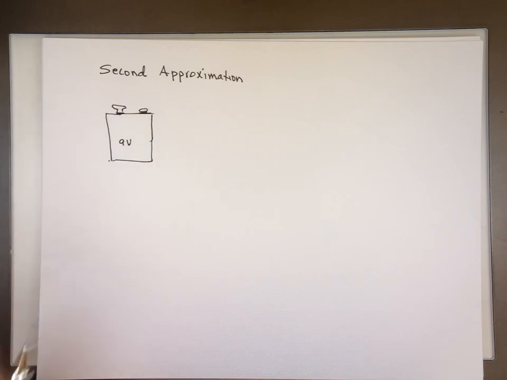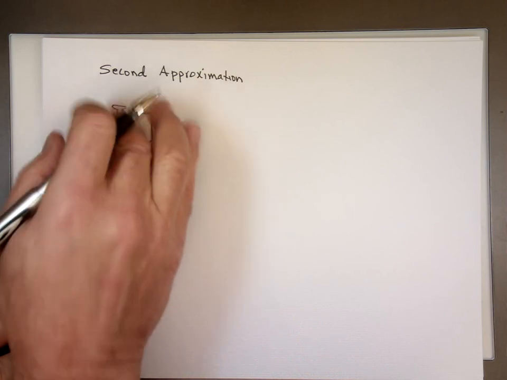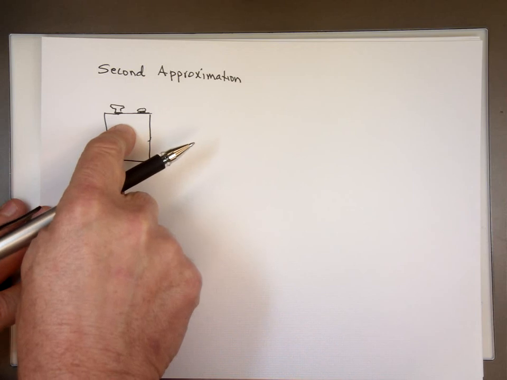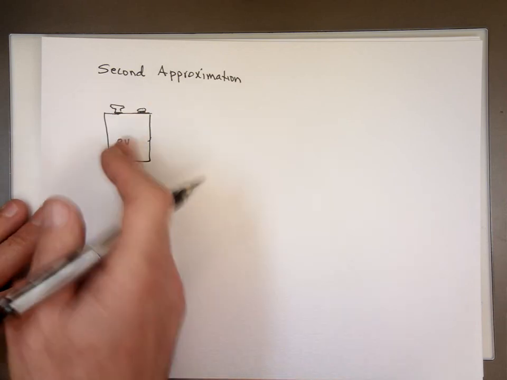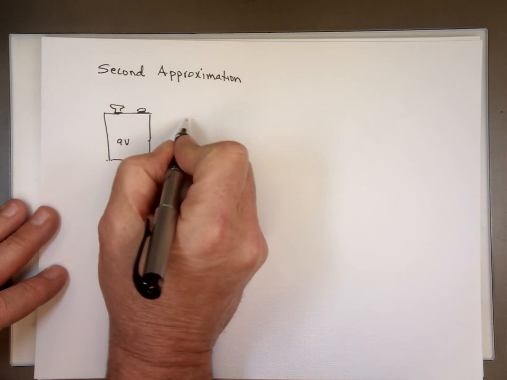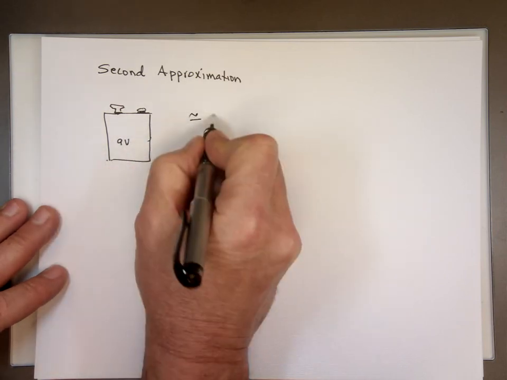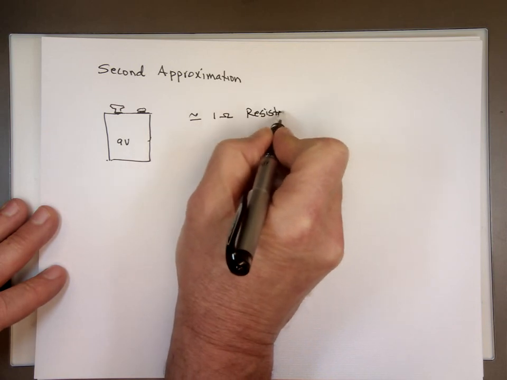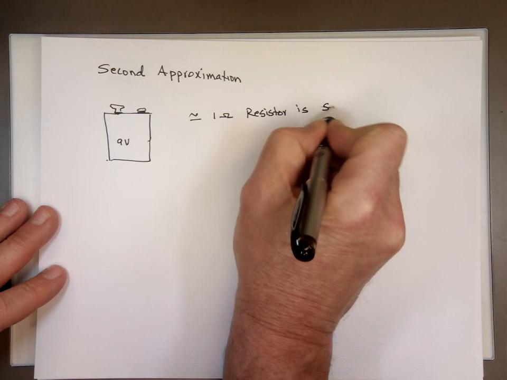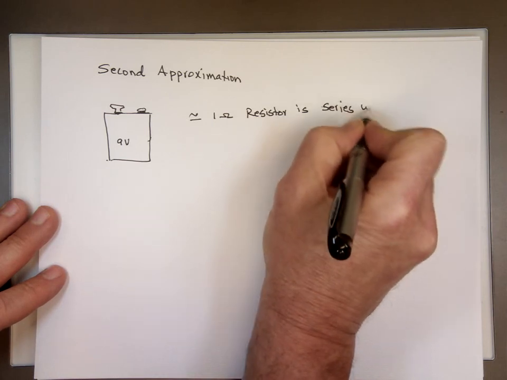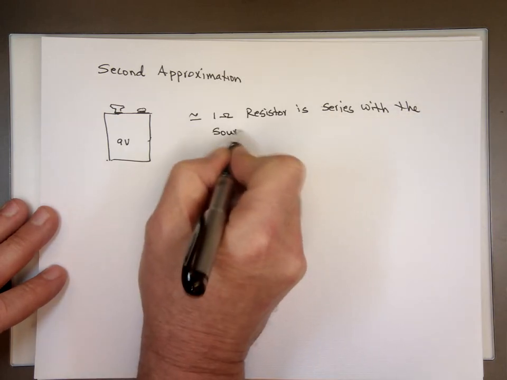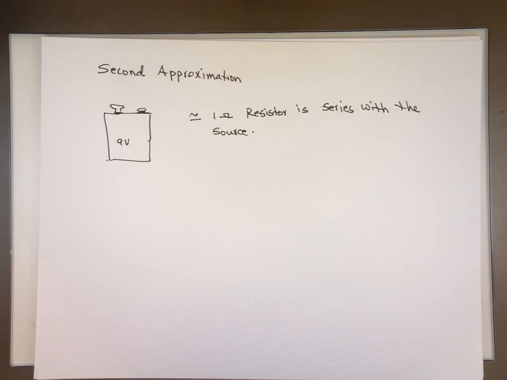The assumption made here is that this battery has no internal resistance. So you're only getting a 9-volt source, but there is no R. Again, the reality is there's approximately a 1 ohm resistor in series with the source. So that 9 volts is not really 9 volts.